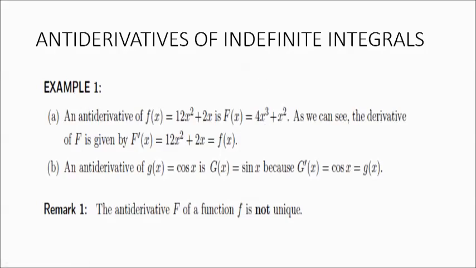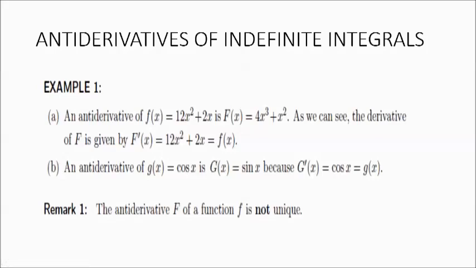Let's check by reversing, right? Derive this one: 12x squared plus 2x. So this is the antiderivative. So it's reversed. And also here, the antiderivative of cosine x is sine x, because when you differentiate sine x, class, we have cosine x.